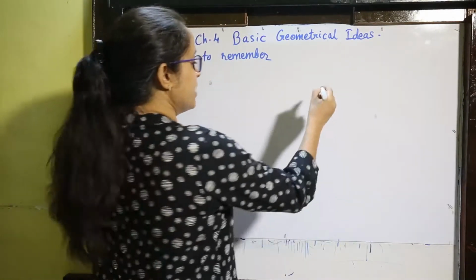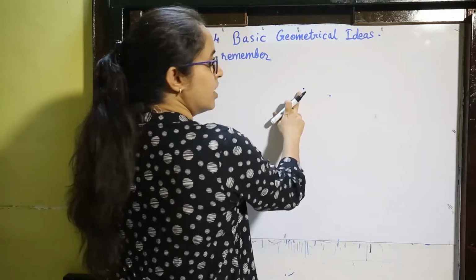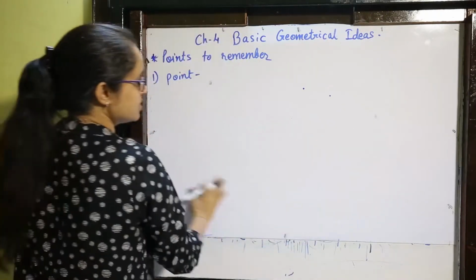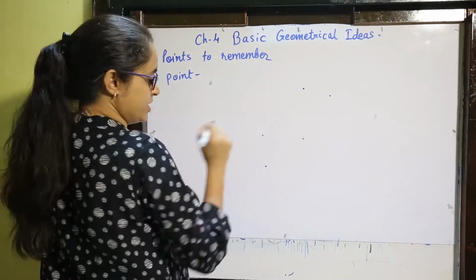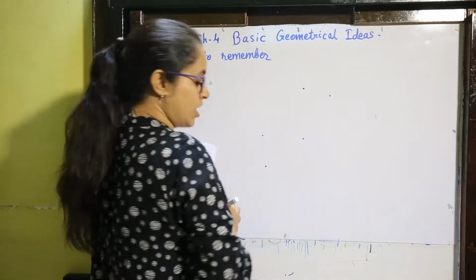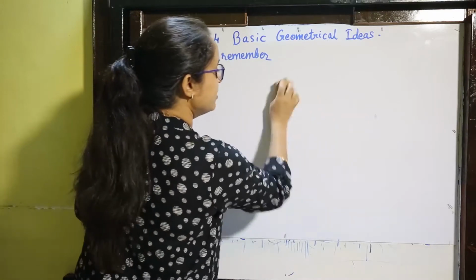If I make a point here, this is called a location on the surface. This is a surface, and these are some points. So you have to write the concept of point first.